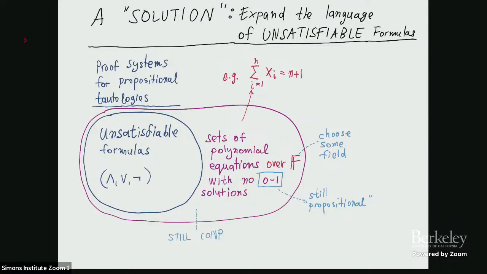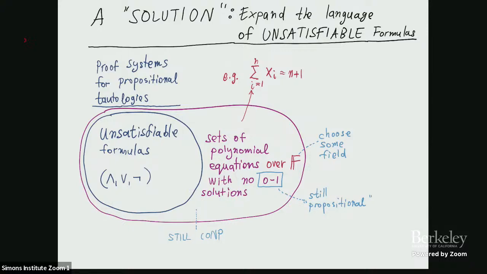So this is the language we work with, not just CNFs or boolean formulas, but sets of polynomial equations over a field with no 0-1 solutions. And it's still a co-NP set because of the 0-1 solution: we can check if it's satisfied. So this is a very natural extension.